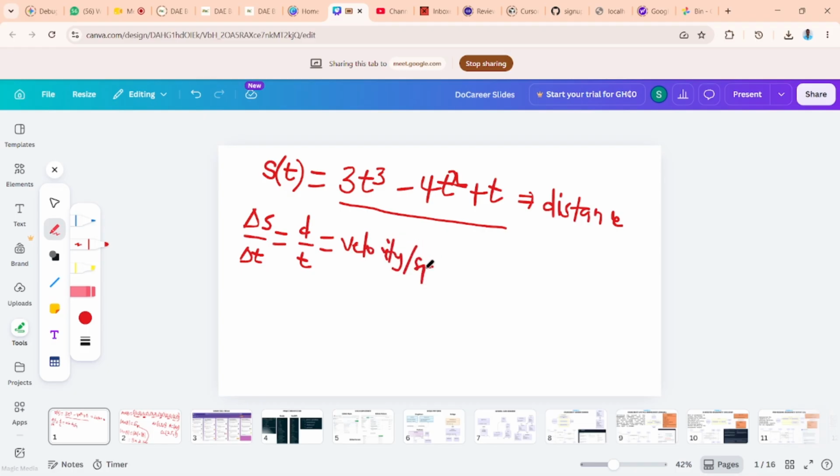So you should know that when you differentiate an expression in distance with respect to time, what we are going to have is the velocity, v of t.